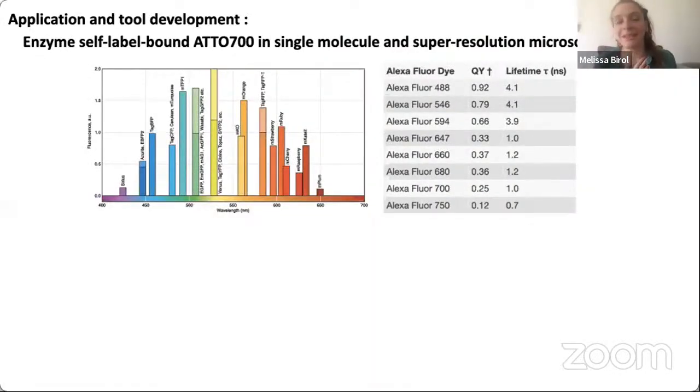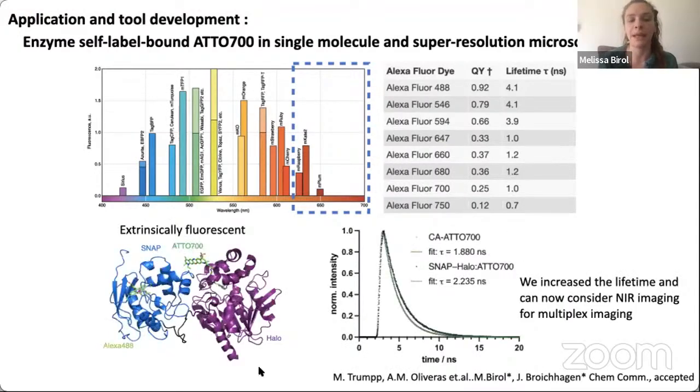What we've also been looking at is adopting tools. For example, one big limitation with multiplexing FLIM is the fact that we don't have good probes in the near infrared, or at least with a good lifetime that we wish to have. One thing that we've adopted a lot in our systems that we are imaging is the use of SNAP and HALO.